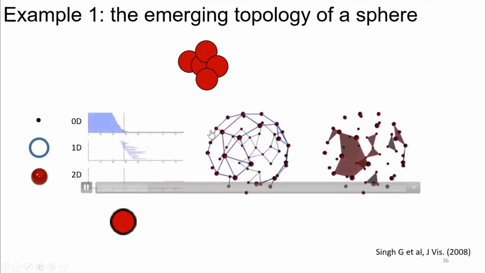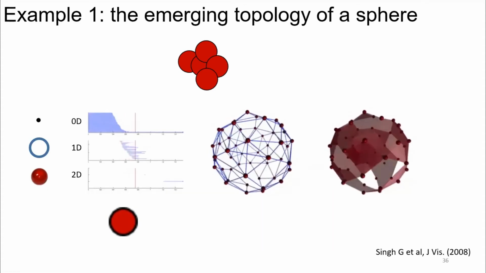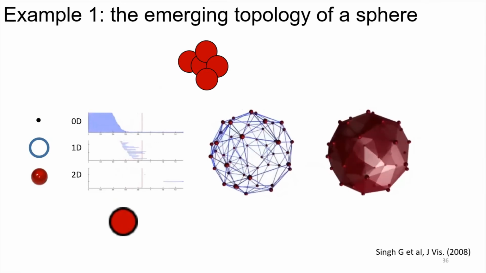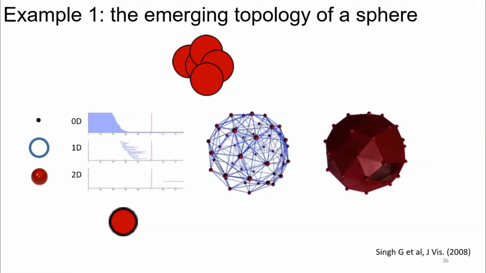What you are seeing here is, imagine I have these vertices, and you have vicinities surrounding every vertex. And imagine that every vicinity is changing its size.